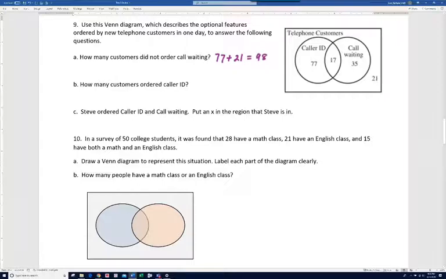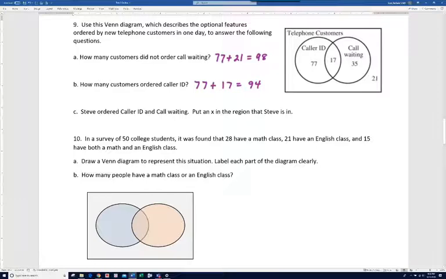How many customers ordered caller ID? Now, if you're in the caller ID circle, then that means you ordered caller ID. So that includes not just the 77, but the 17 that also ordered call waiting. And so we're going to add 77 and 17, and you get 94.